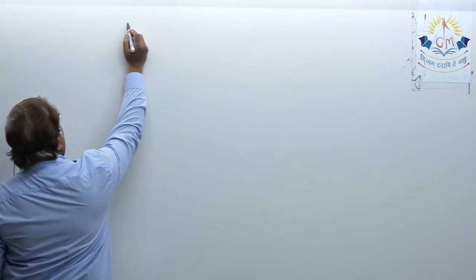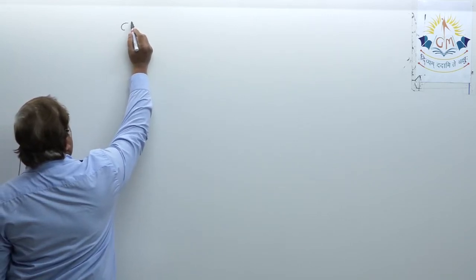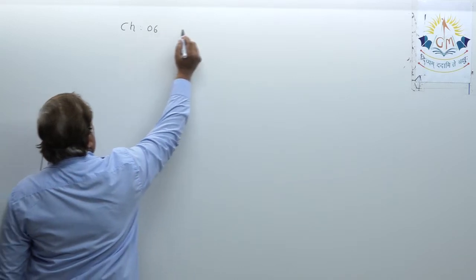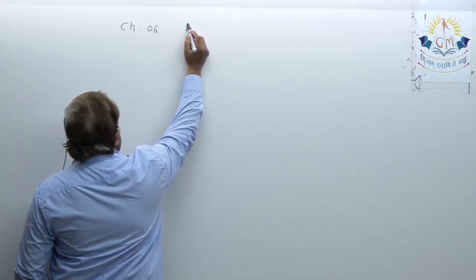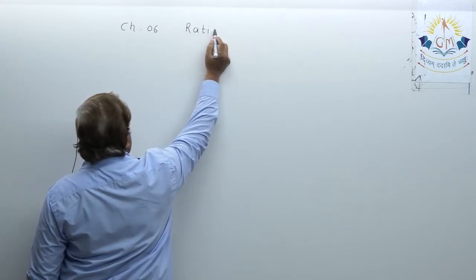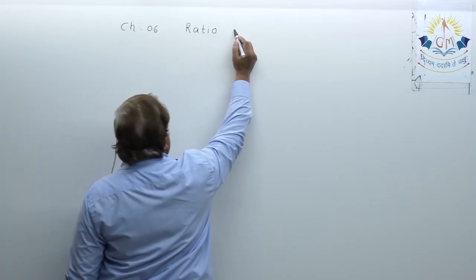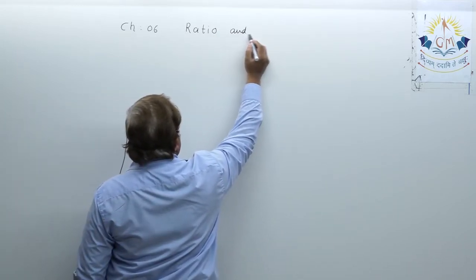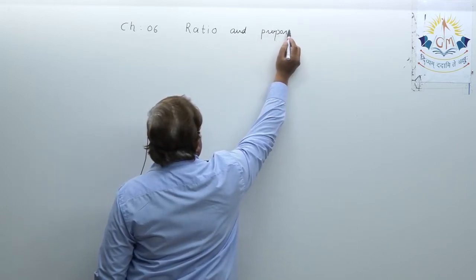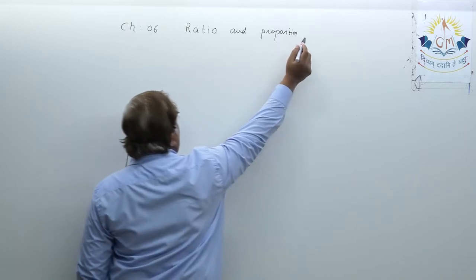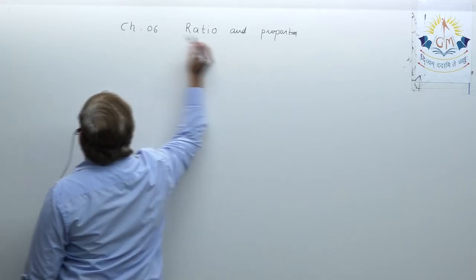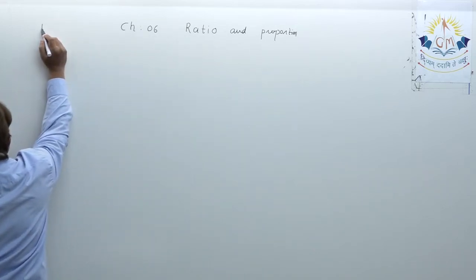As we know, the title of chapter 6 is ratio and proportion. We are continuing our discussion, and lecture number 3 you are attending today.